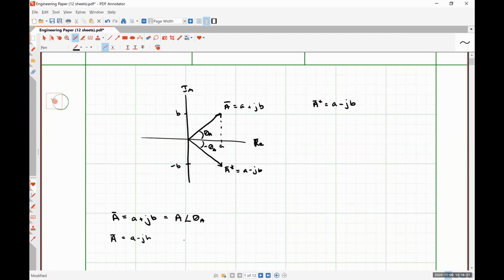is a minus jb, which is just going to be A with an angle of negative theta A, right?